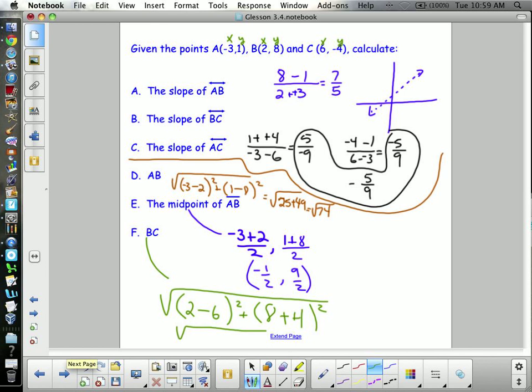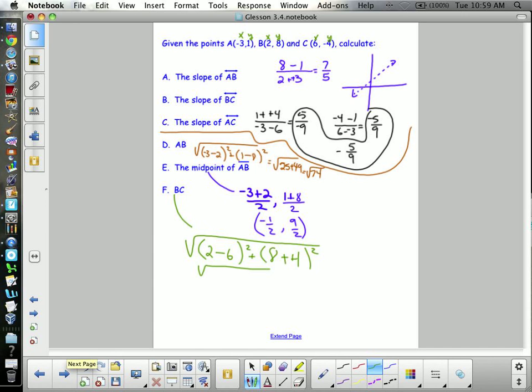So that's the square root of negative 4 squared plus 12 squared. 16 plus 144 is the square root of 160. That's 16 times 10, or 4 root 10. I kind of whipped through that, but you get the idea.